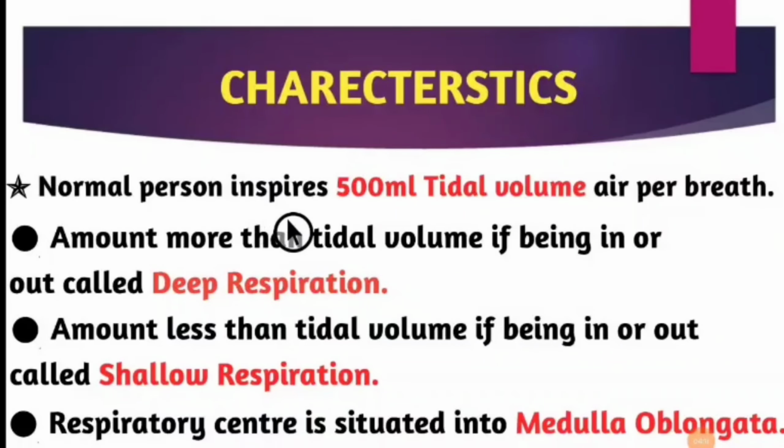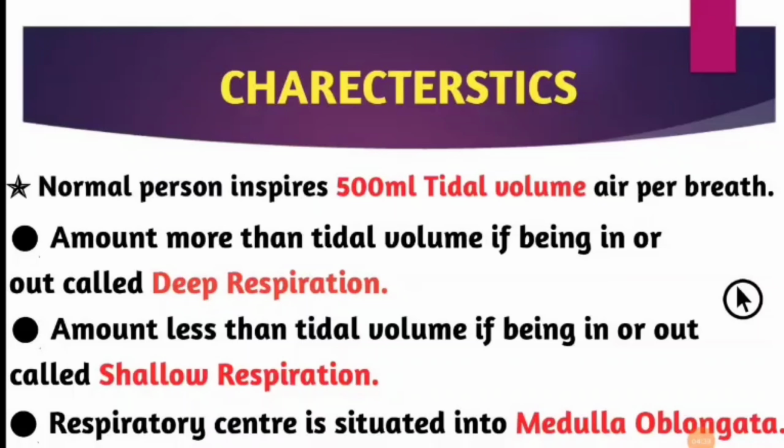A normal person inspires 500 ml tidal volume of air per breath. An amount more than tidal volume breathed in or out is called deep respiration. An amount less than tidal volume is called shallow respiration. And the respiratory center is situated in the medulla oblongata.